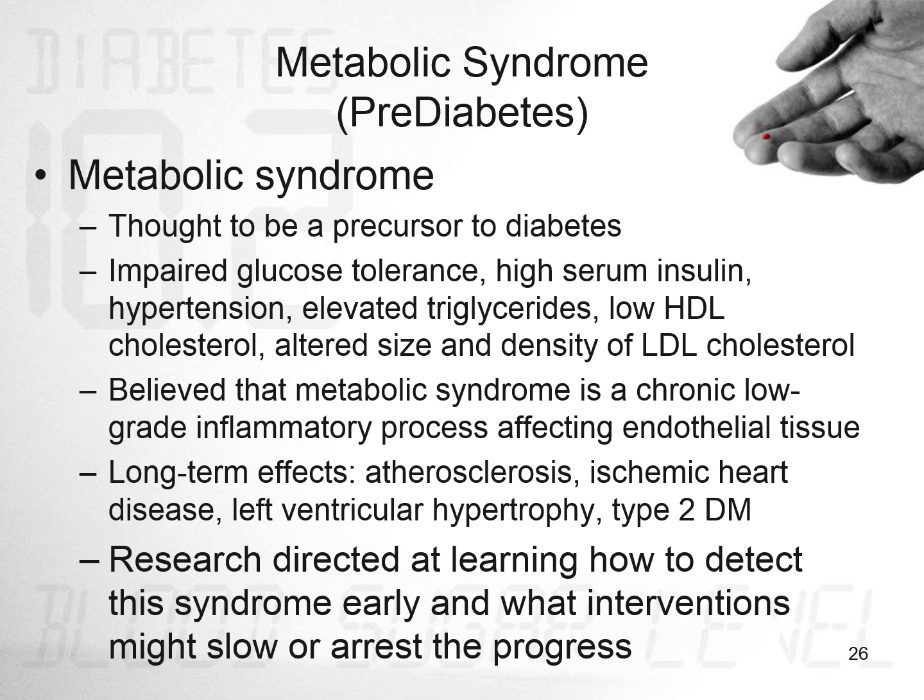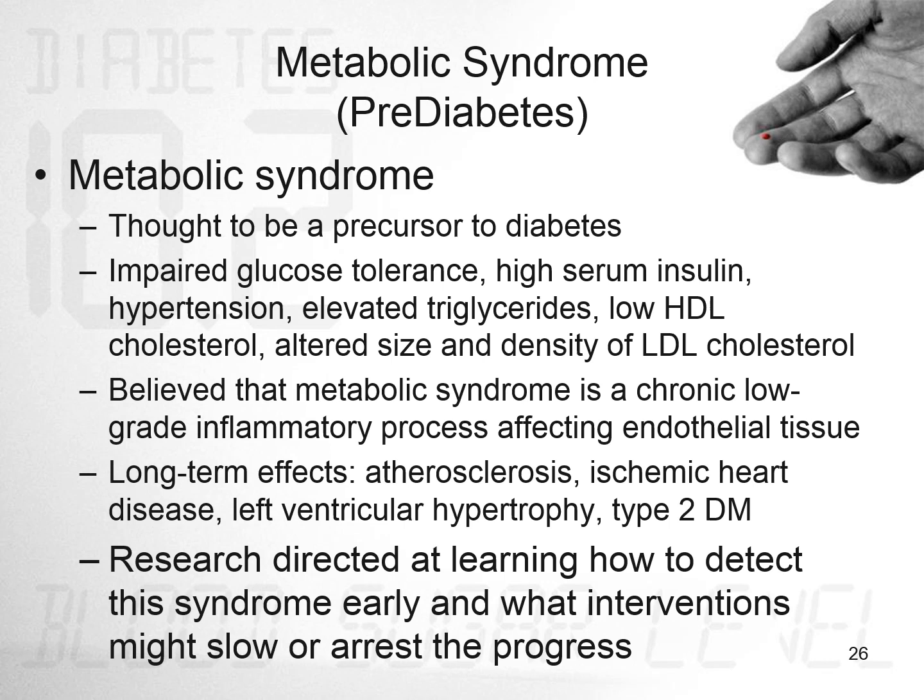So metabolic syndrome, otherwise known as prediabetes, is thought to be a precursor to diabetes. It's characterized by impaired glucose tolerance, high serum insulin, hypertension, elevated triglycerides, and a low HDL cholesterol, and it alters the size and density of our LDL cholesterol.